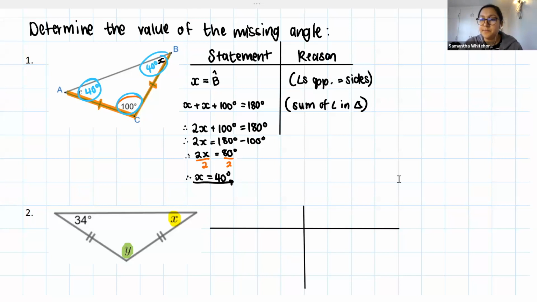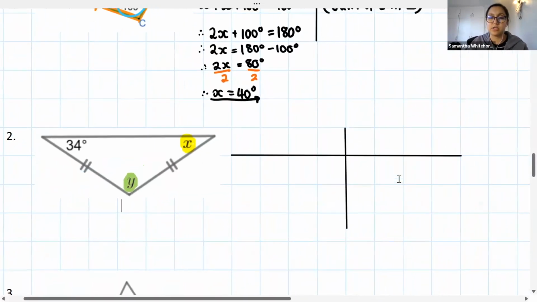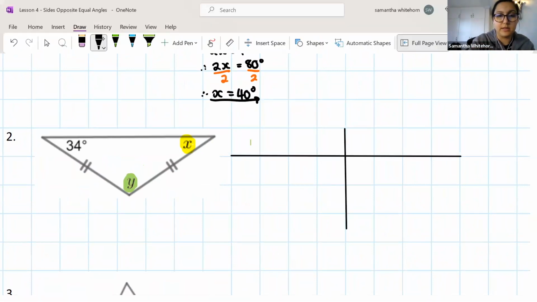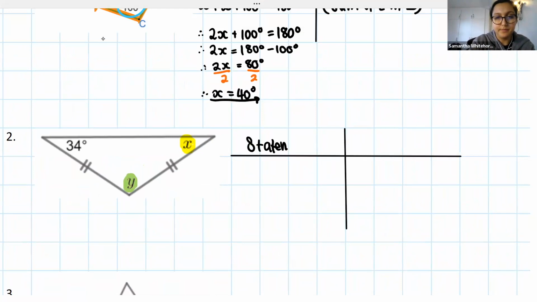Nice, guys. Okay, let's have a look at question 2. I'll make this smaller again so that you can screenshot just now, but let's first get our answers. Now remember I told you this before, you don't have to start with x. Often it makes sense to go alphabetically because it leads us to the next one, but it's completely up to you. In this case, we will have to start with x if we want to get y.